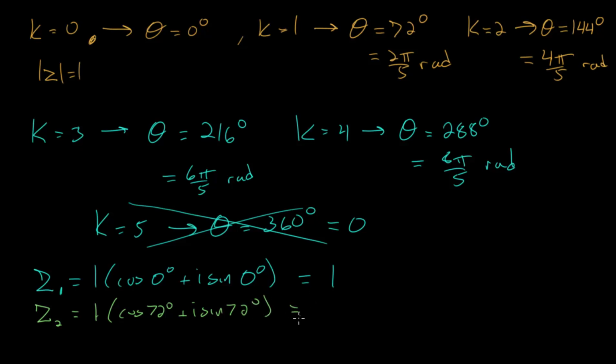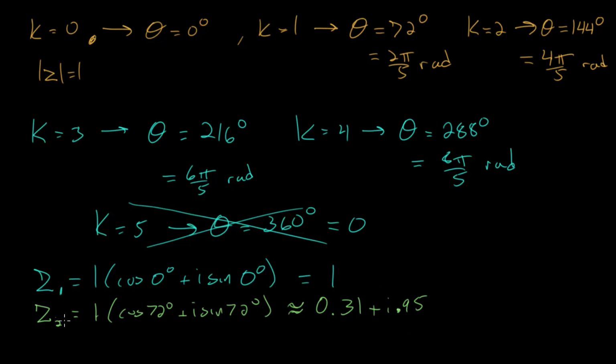And in rectangular form, this might get a little bit messy. We get an approximate answer. We would have to round this in rectangular form, but this would be 0.31 plus the imaginary part, which is i, multiplied by 0.95 or so.